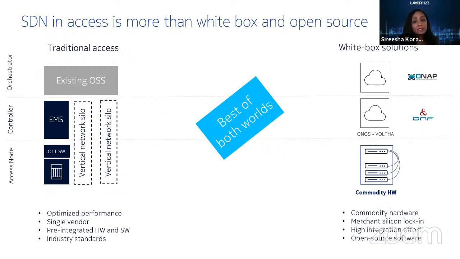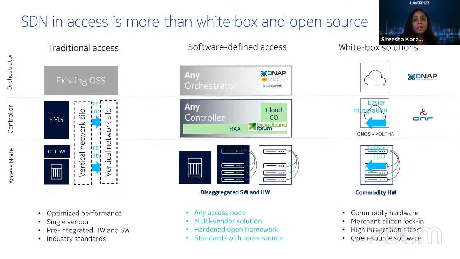Access disaggregation is often associated with white box solutions and open source. However, there are actually carrier-grade solutions that, with the same open, modular, and programmable concepts, can already be hardened by the vendor community. Many of our customers are looking for that, which is basically the best of both worlds.